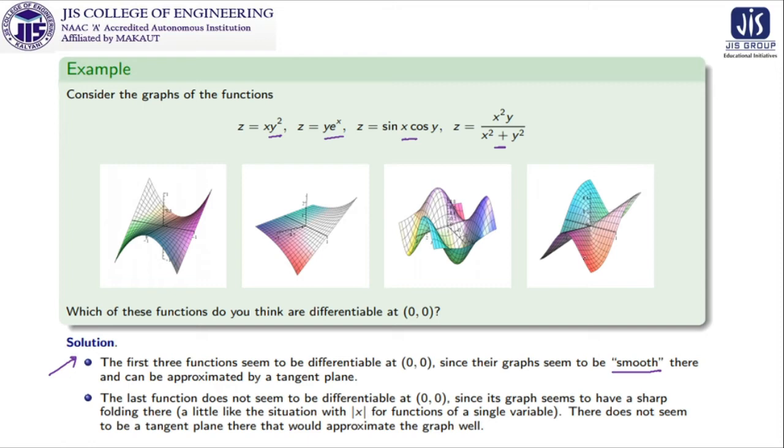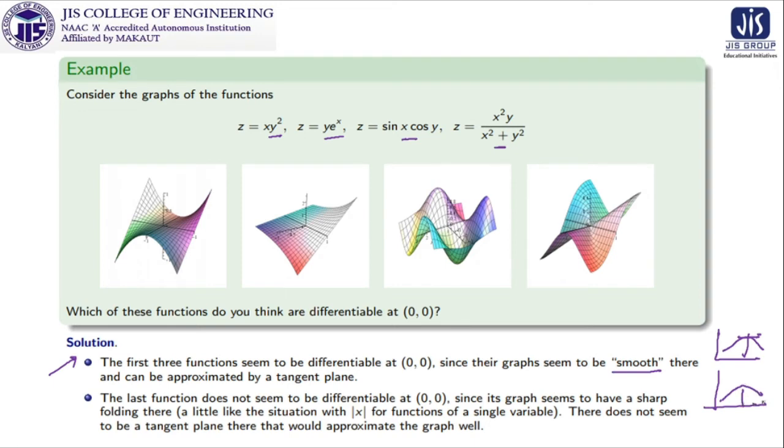So please compare it with a function like this. If you have a function like this, at this point it is smooth, and this is your tangent line. If you have something like this, at this point, how can you draw a tangent?